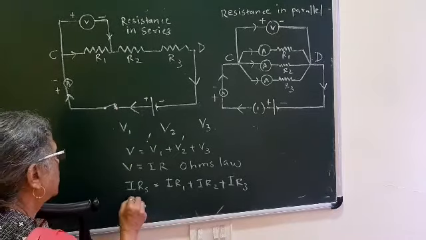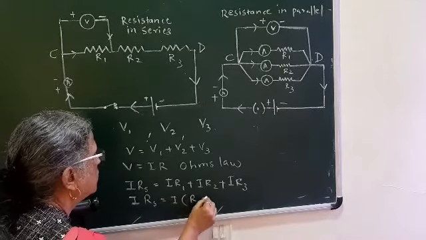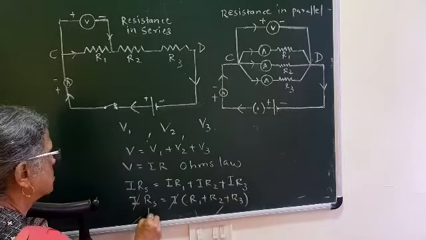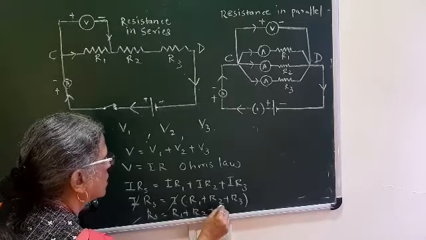So now if I take I common here, then I will have R1 plus R2 plus R3. So I will get cancelled. So we will have Rs is equal to R1 plus R2 plus R3. Followed?